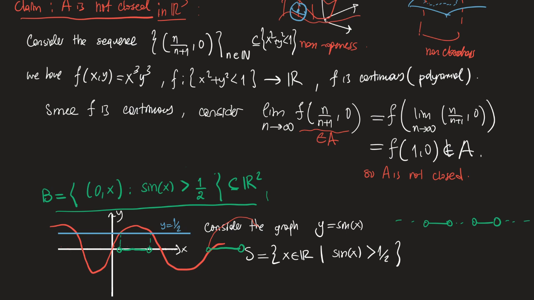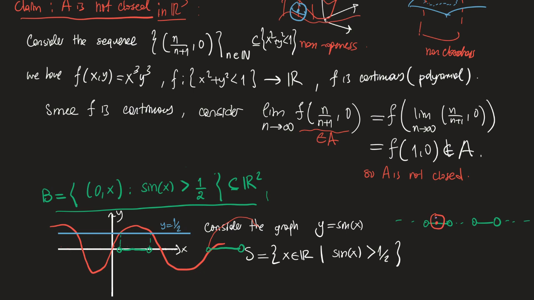But we are living in R2, and they are neither closed nor open. They are not closed because they don't contain the limit points at the boundary of each piece. And they are not open because if you take a point here and take an arbitrary ball, it will contain other points that are not in these intervals. For example, there exists a point, let me put it in purple.